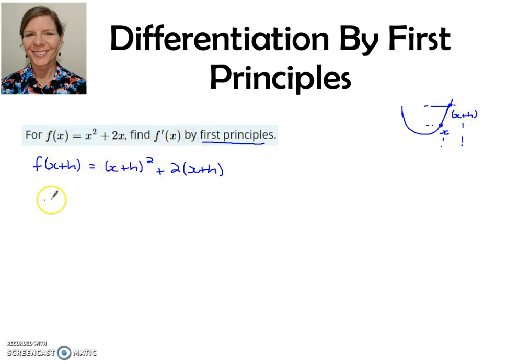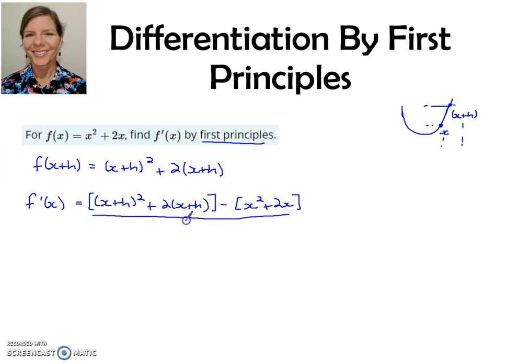So the derivative is going to be the difference between those points. That minus that, which means x plus h squared plus 2 times x plus h. I'll put that in big brackets so you can see what's going on, minus x squared plus 2x, and that's all over h, all over that difference in there.